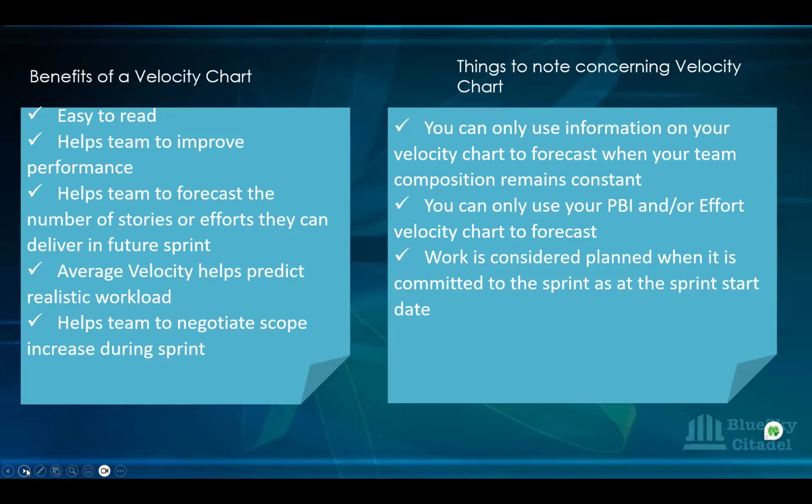Now, some of the things that we need to consider when we're looking at the velocity chart are some of the things I've mentioned already. One of them is that you can only use information on your velocity chart to forecast when your team composition remains constant, which is one of the things I've said.